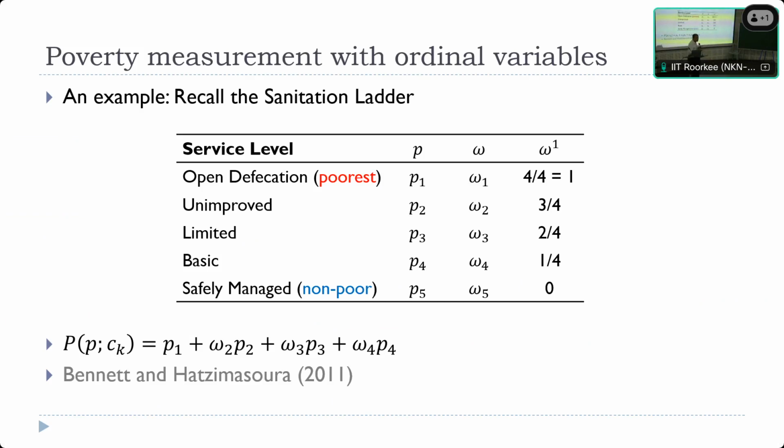So there are 5 categories. Why do we take 4? Because there are 4 categories of deprivation. This is the most deprived, poorest, second poorest, third poorest, fourth poorest. Because this is non-poor, this is 0.